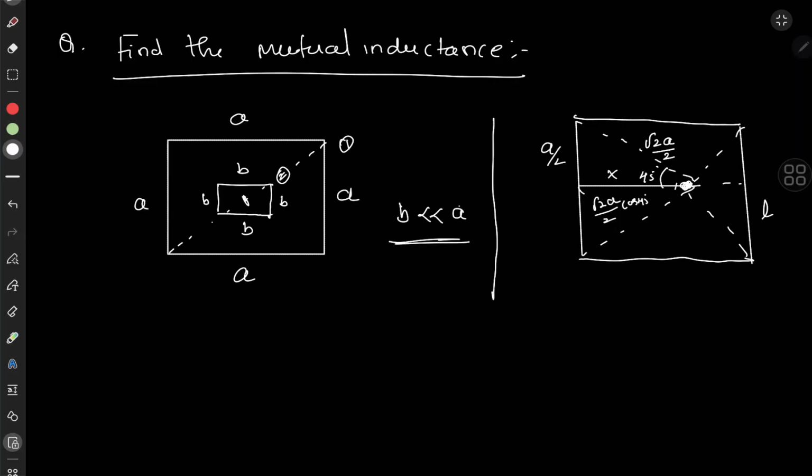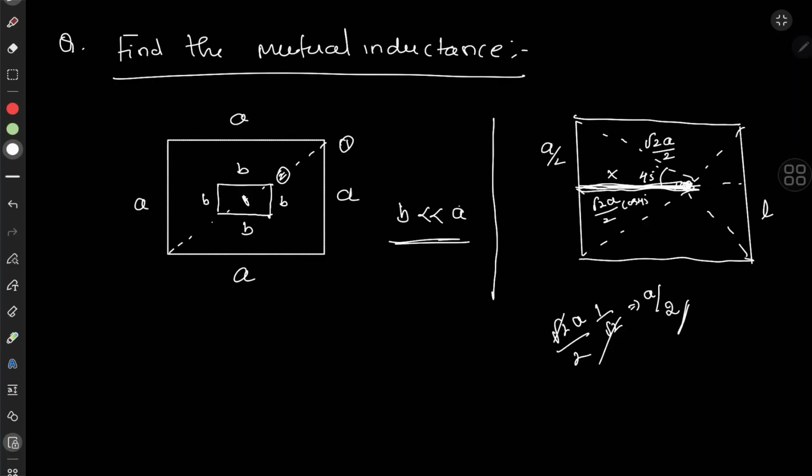Cos 45 is nothing but 1 by root 2, so root 2 cancels and we can write it as A divided by 2. A divided by 2 is the length from the center to the rod.